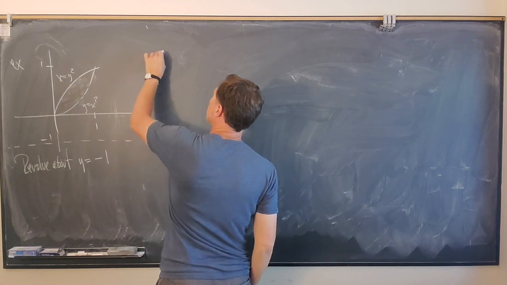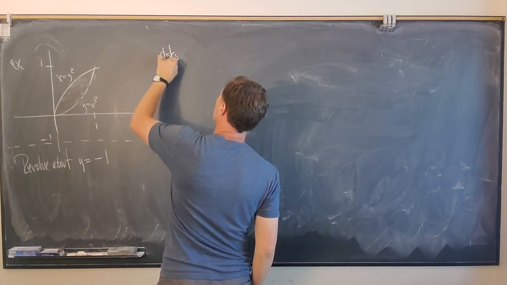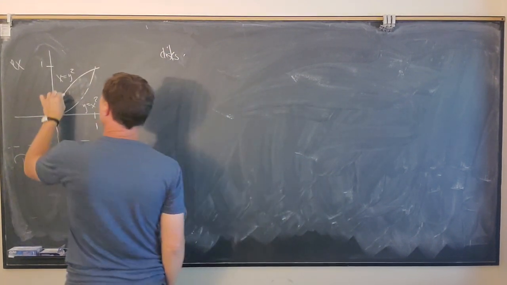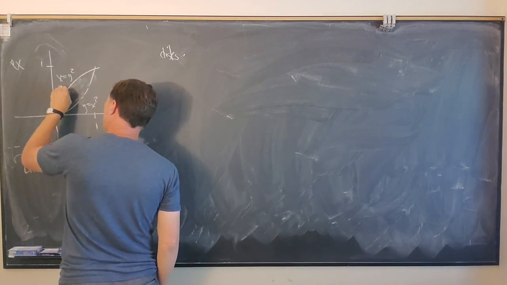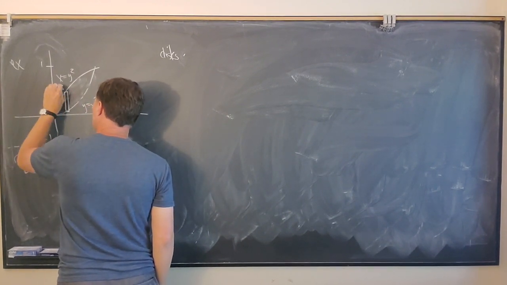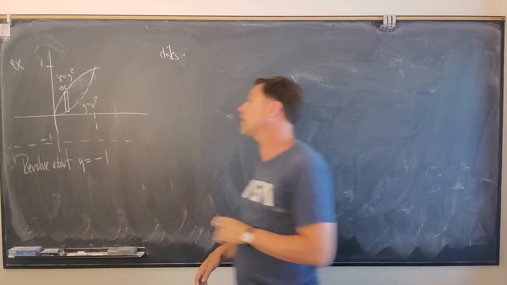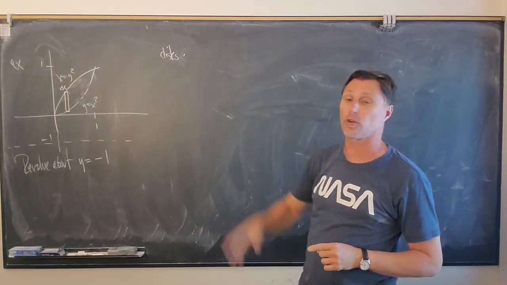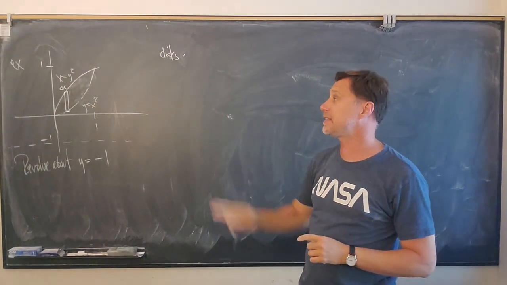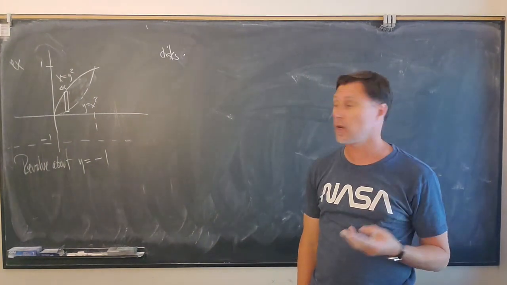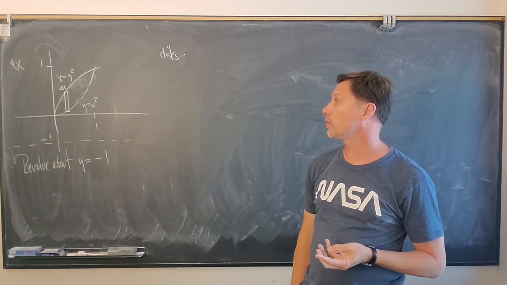So first, let's use disks. If I use disks, that means that I want my rectangle to be perpendicular to the axis of rotation, so it's going to be a vertical rectangle. Notice that it has thickness delta x. That tells us that we're going to be integrating with respect to the variable x.